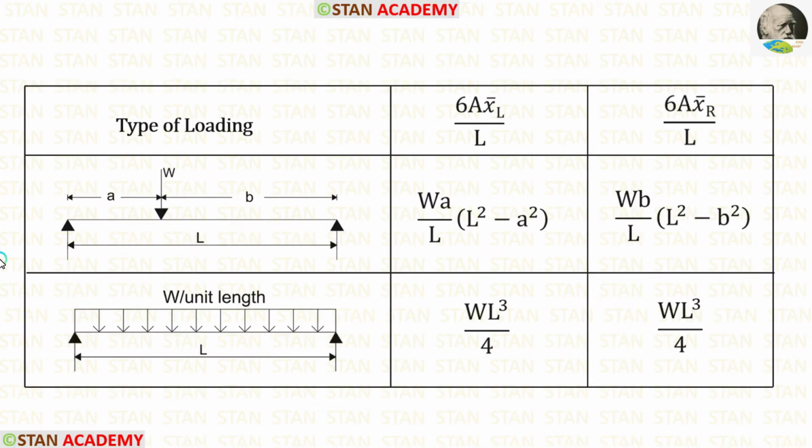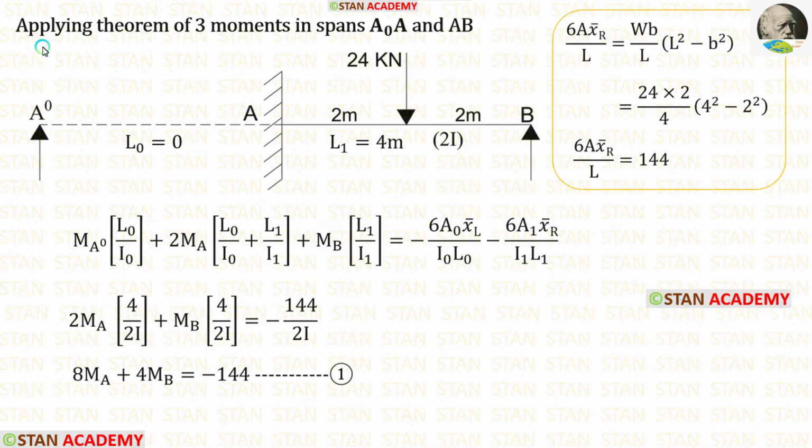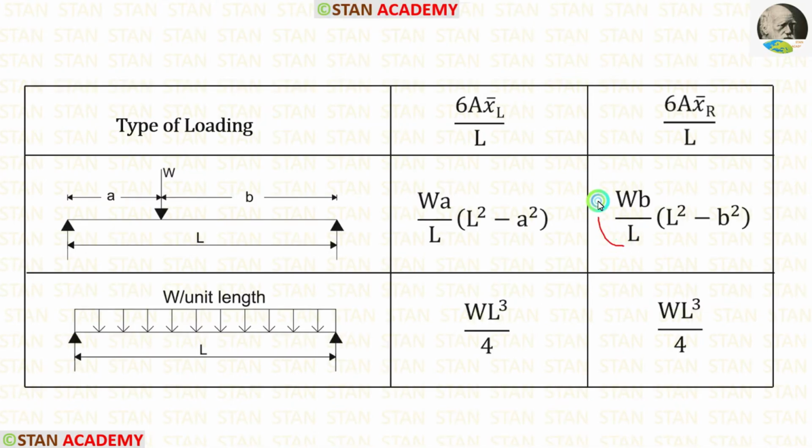Alternatively, we can use the formulas and make the equations. First, let us apply the formulas in the spans A0A and AB. In the span AB, there is a point load. Here we have to calculate 6A x bar right upon L. The formula is WB upon L into L square minus B square.